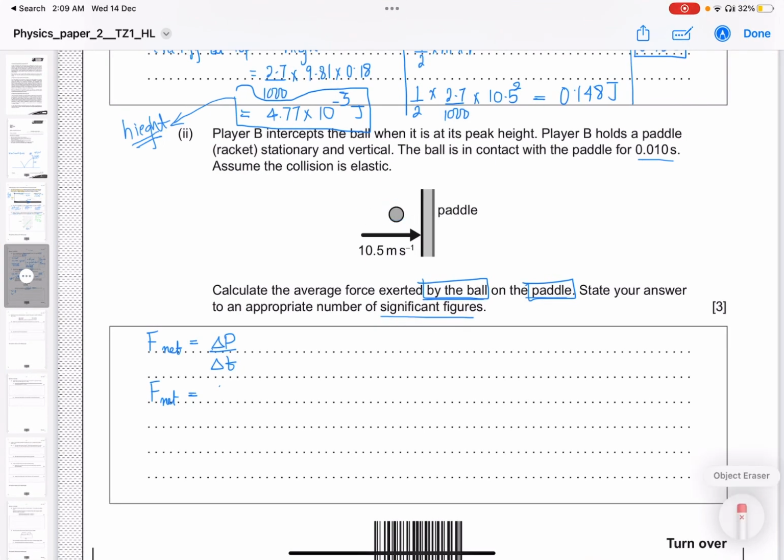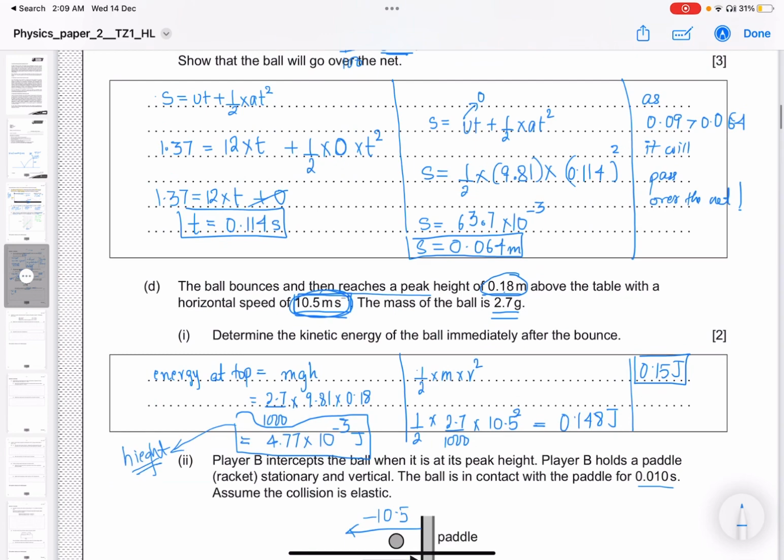If it is at 10.5 meter per second and the collision is elastic, then it must move in the opposite direction at speed 10.5. What's the mass of the ball?